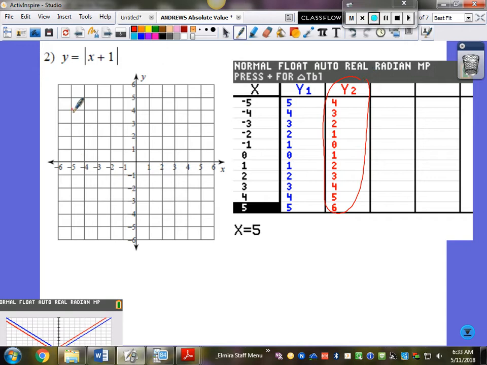So -5 and 4, -4 and 3, -3 and 2, 1. Don't forget to label.